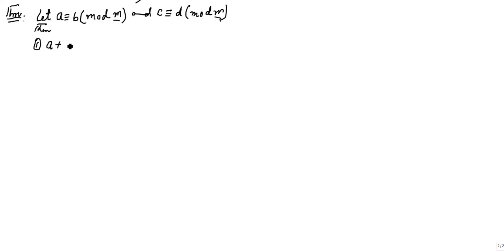So, a plus c is congruent to b plus d modulo m, and the other one is a times c is congruent to b times d modulo m. Okay. Proof.